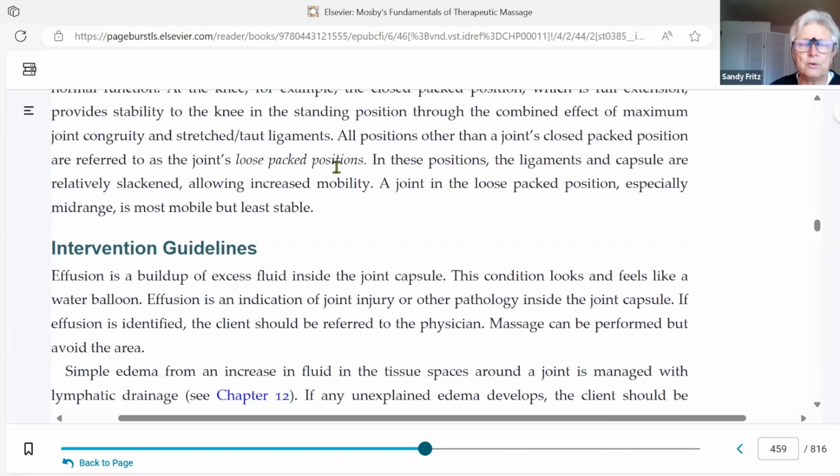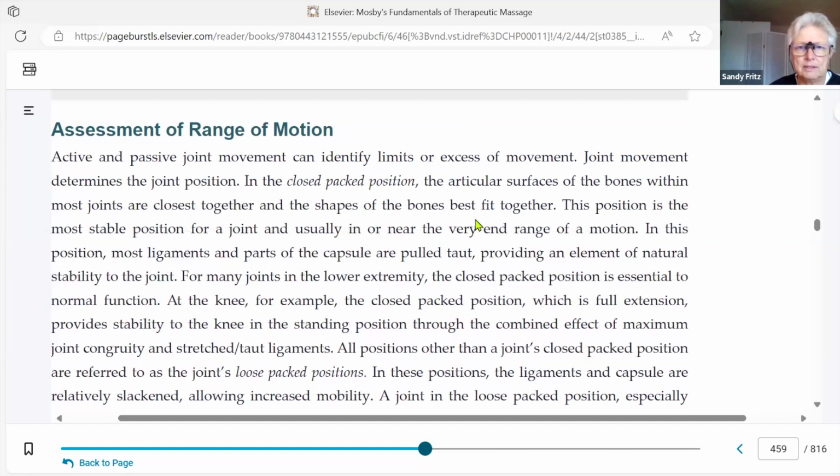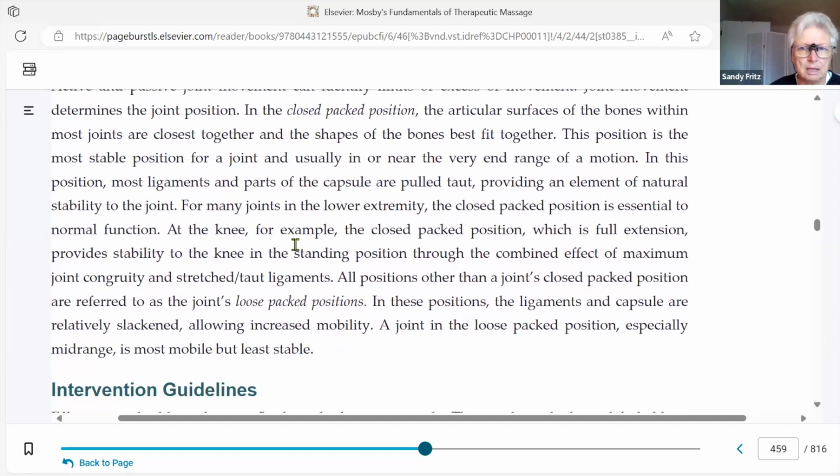And so moving how you've been taught to move all the joints of the body, and pay attention during positioning, because that also requires the person to move their joints, become important. And I've demonstrated previously the idea of loose pack and close pack positions.